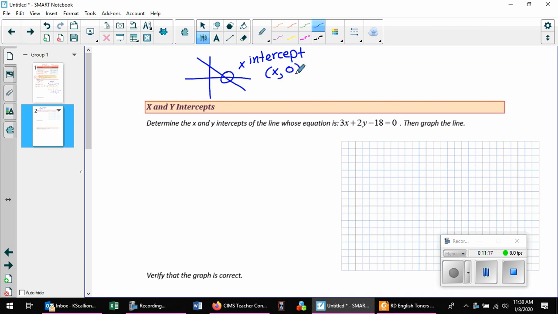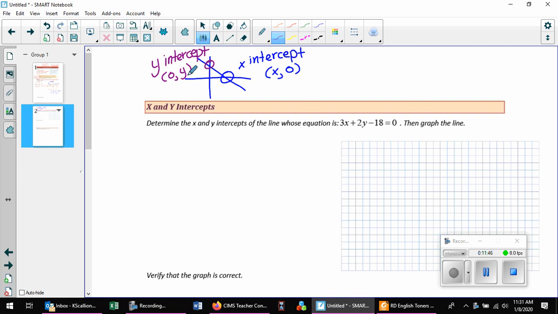So anytime I'm looking for my x-intercept, I know my y value is always 0. This purple one is my y-intercept because it's where it crosses the y-axis. What do we know about the x value of the y-intercept? It's always 0. So 0 and some value of y. You guys good with that?